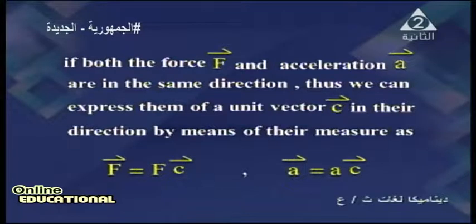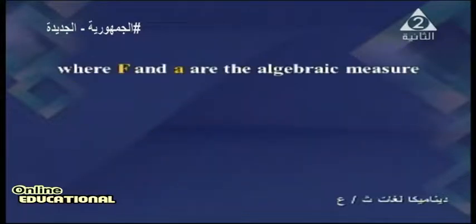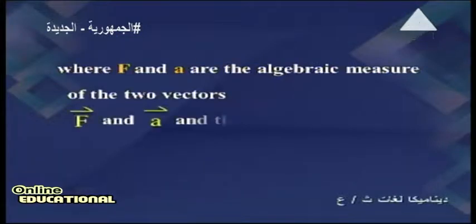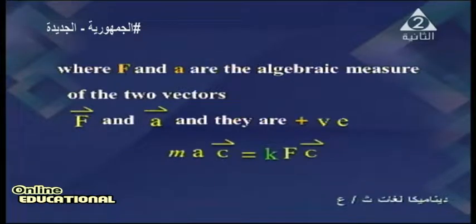Where F and a are the algebraic measures of the two vectors, and they are positive. Then the mass m times acceleration a in the direction of c equals k times the force F in the direction c. Since c is the same direction of the acceleration and the force, ma equals kF.